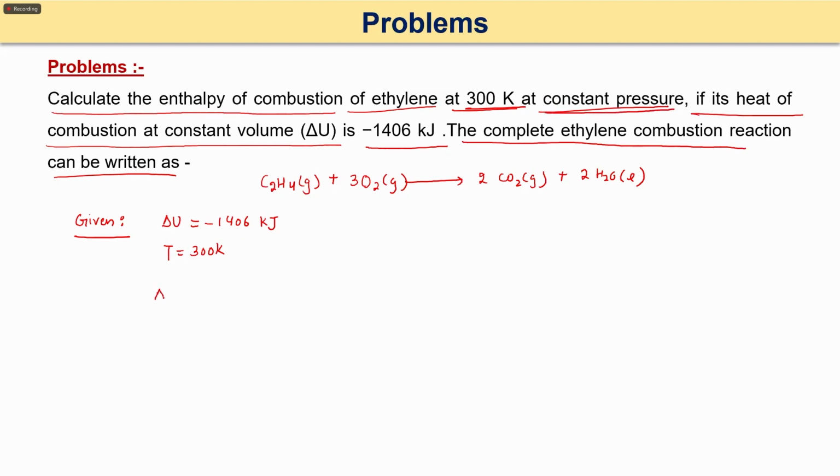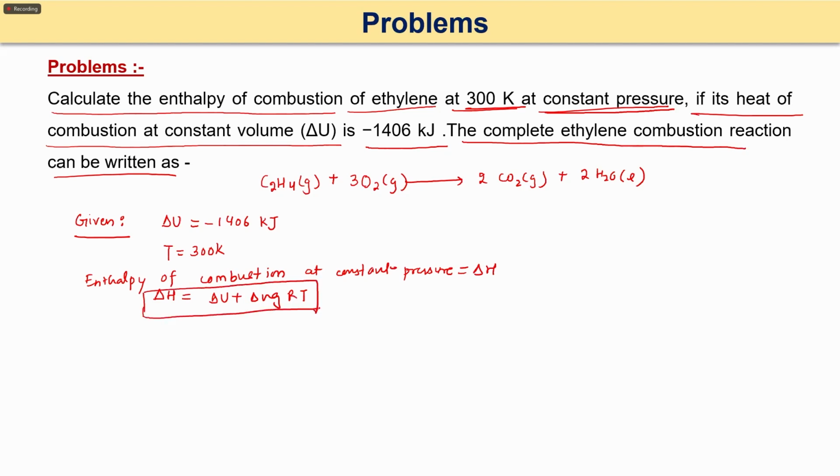Enthalpy of combustion at constant pressure is nothing but your delta H, and we know that delta H is equal to delta U plus delta Ng into RT. We know delta U, we know R, which is a gas constant, and temperature is already given, that is 300 Kelvin.